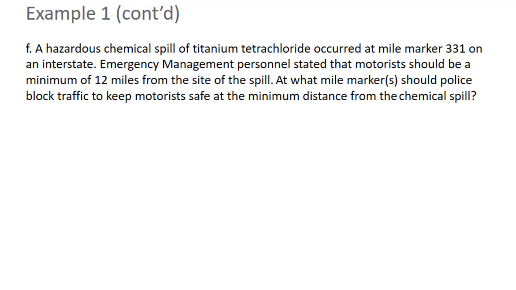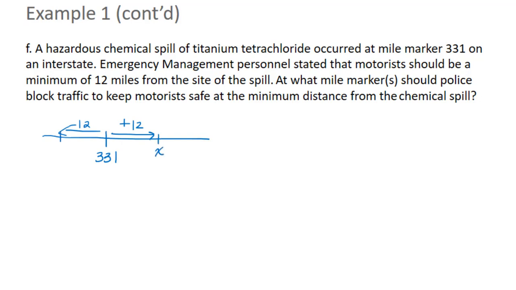And so what we're saying here is that we're at mile marker 331 and that we've got to be 12 miles from the site. So we've got to be a distance of 12 in each direction. And so what that is saying is we don't know what that mile marker is.